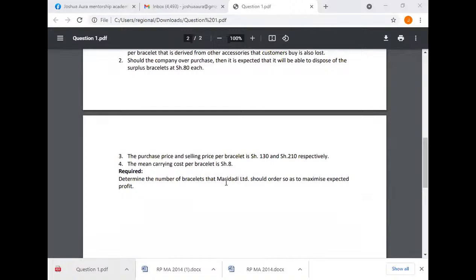The purchase price and selling price per bracelet is 130 and 210 respectively. The mean carrying cost per bracelet is 8. Required: determine the number of bracelets that Maridadi Limited should order so as to maximize expected profit. 15 marks.